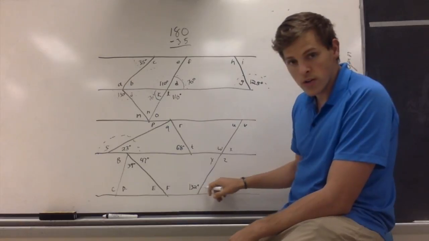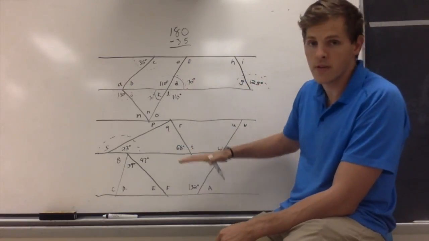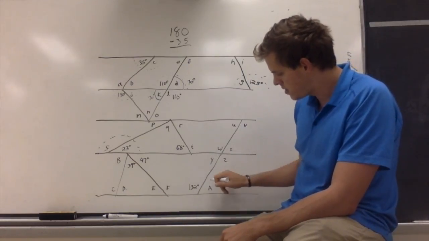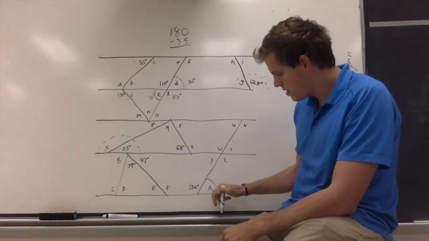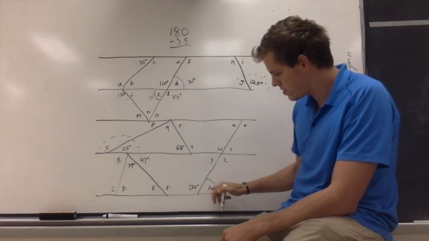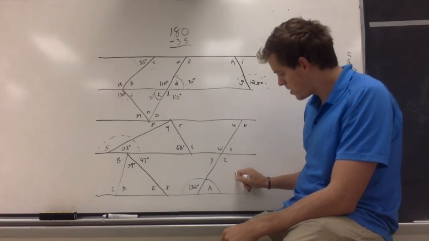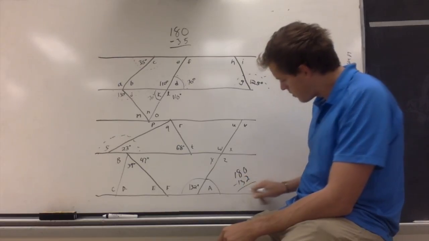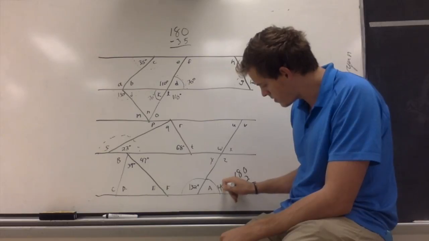We could also see the same thing occur right here. If we see 132, another thing is we can assume that all these horizontal lines are parallel. So this one and this one are parallel. So 132 and A, if we look at the two of these, we will find that A should be 180 minus 132, leaving us with 48. So it's going to be 48 degrees.